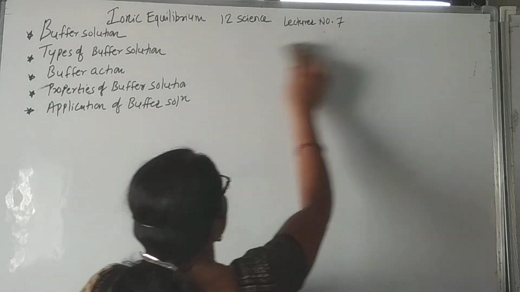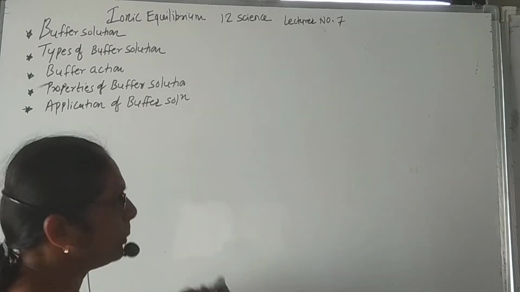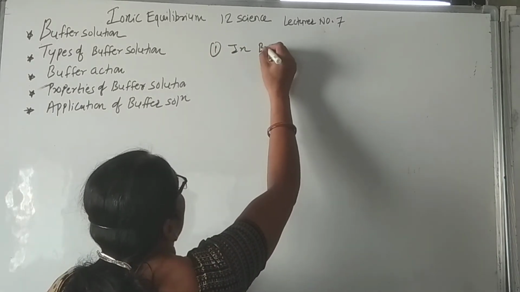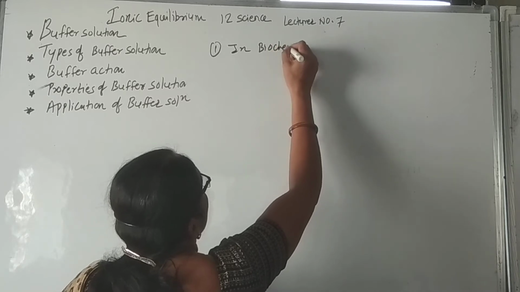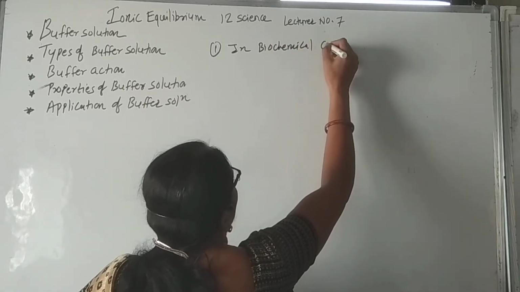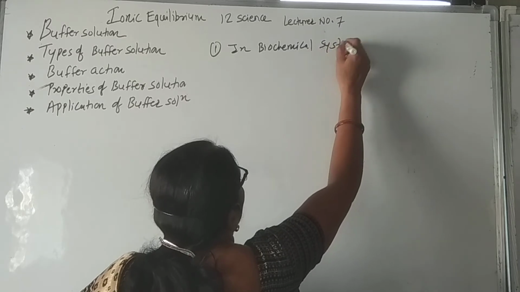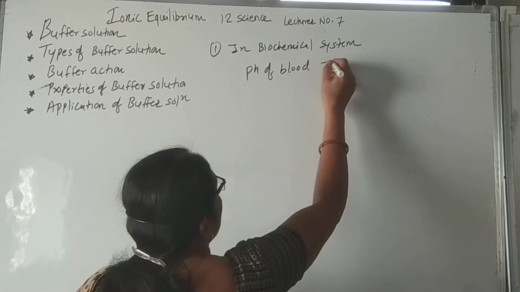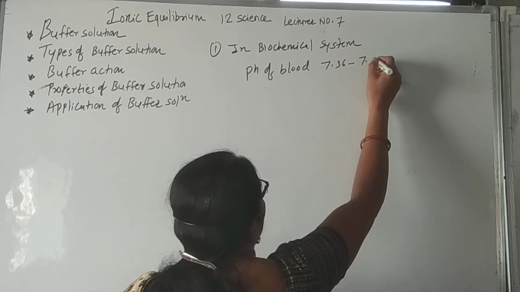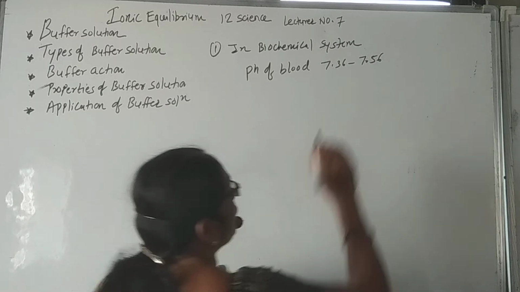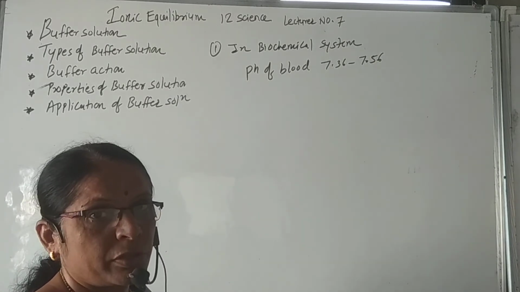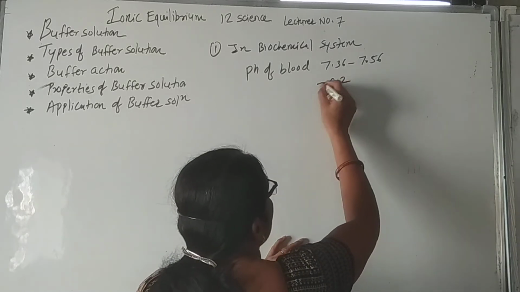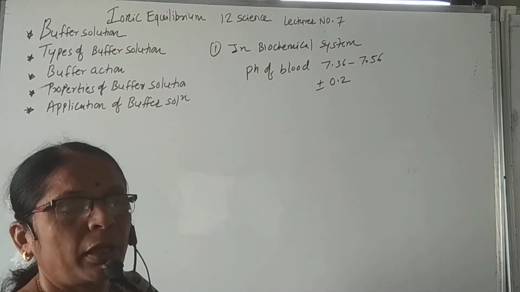A buffer solution is practically used in five types of applications. The first is in biochemical systems. Consider the pH of blood. The pH of blood is 7.36 to 7.56, and it always remains in this range. A small change in the pH, about 0.2, in the blood of a human being can cause death.